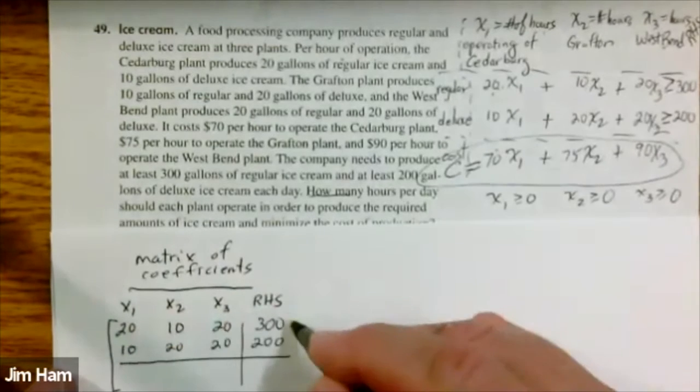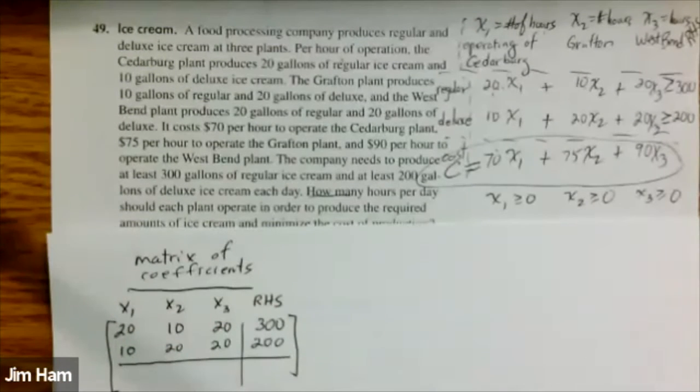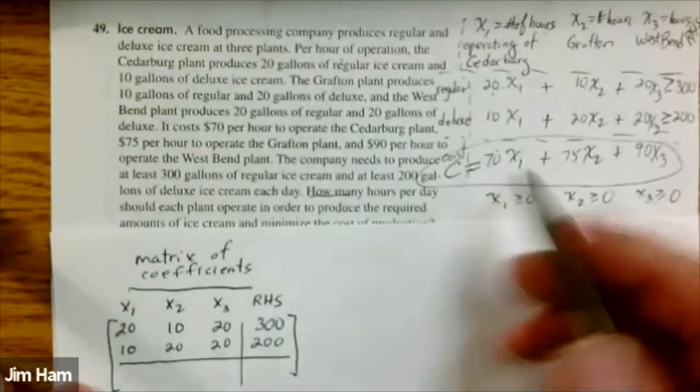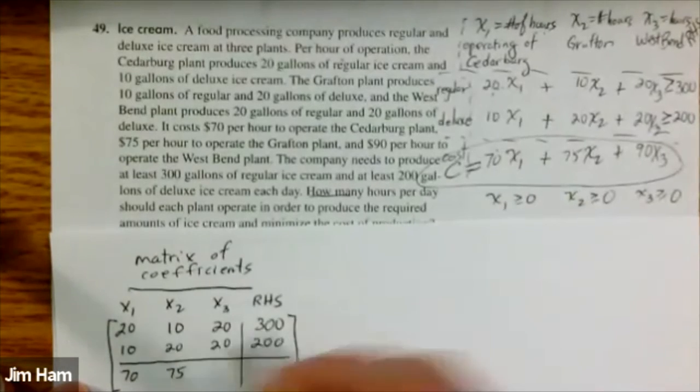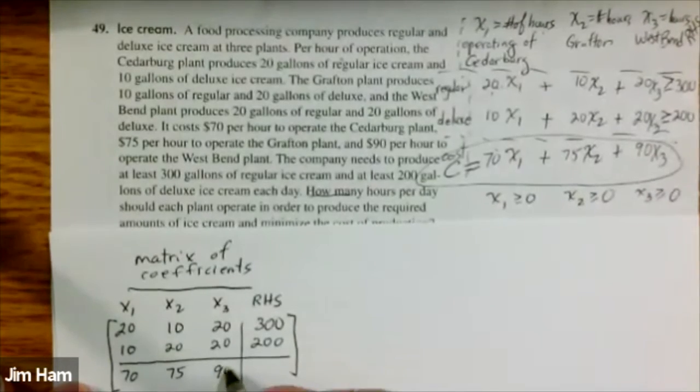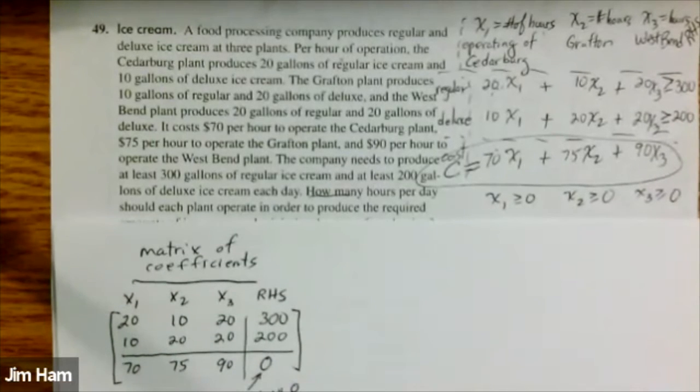And then in the very last row, we ran out of constraints, so the last row is going to be the objective function. And remember, for this one, we're not getting everything to one side or anything like that. We're just going to write down the matrix of coefficients, 70, 75, 90, and then again, begin with 0 here, always.